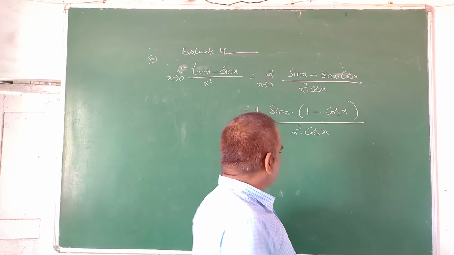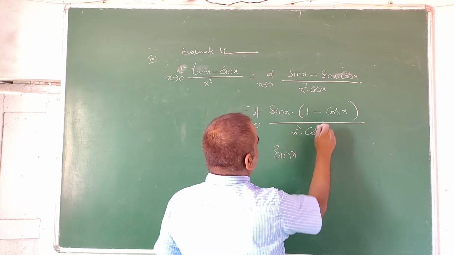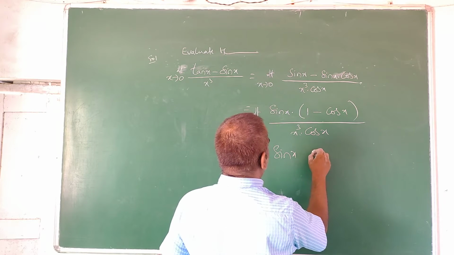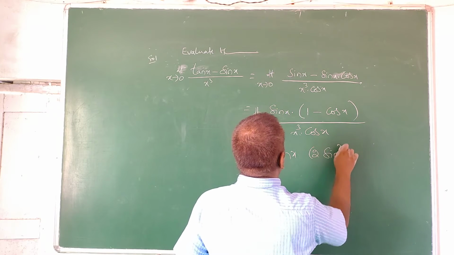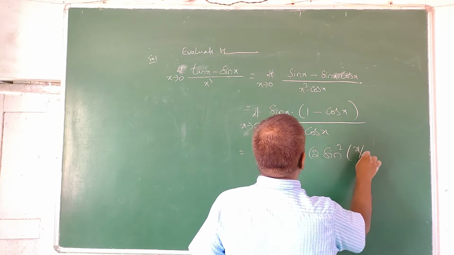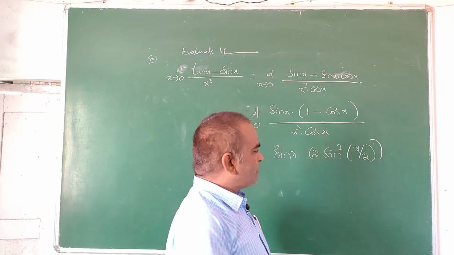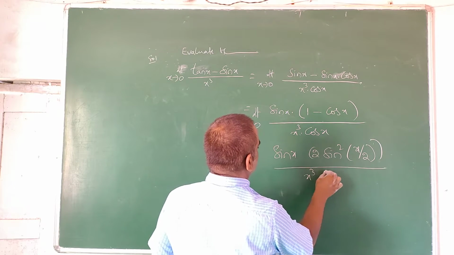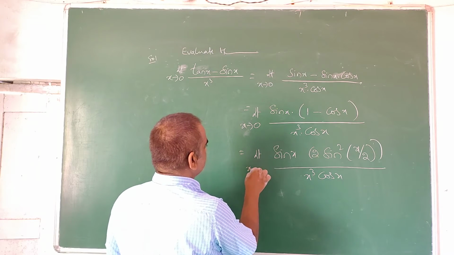What is 1 minus cos x from trigonometry? It is 2 sin squared x by 2.